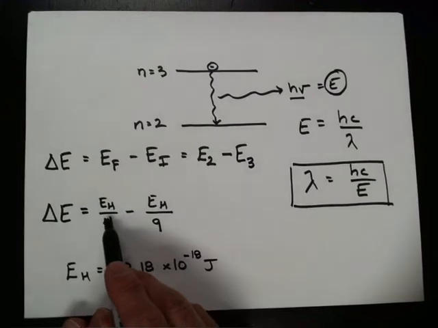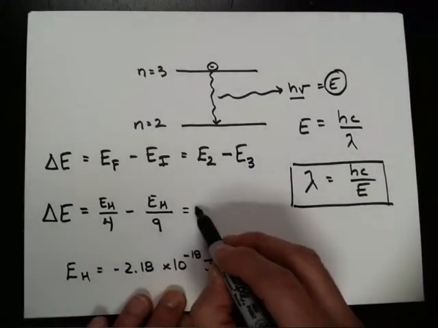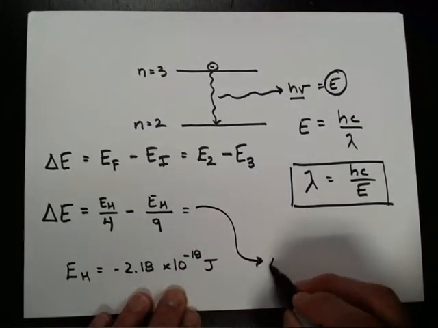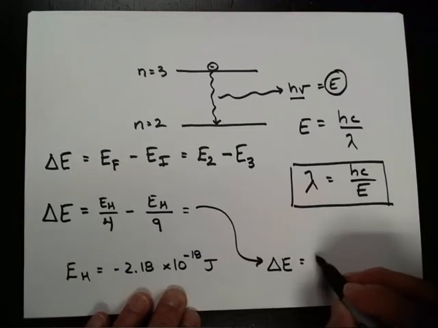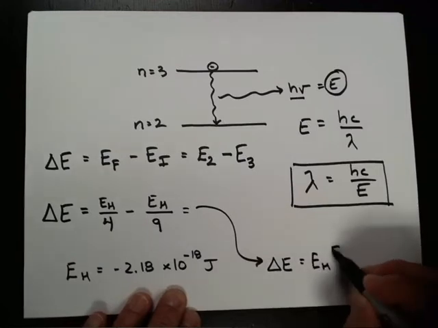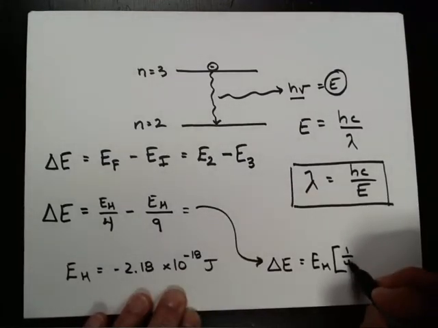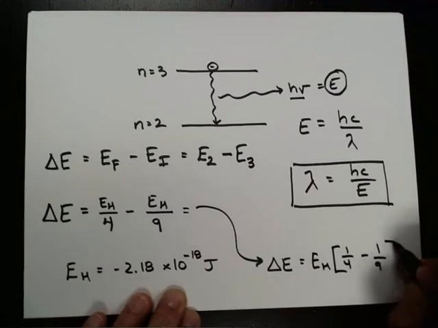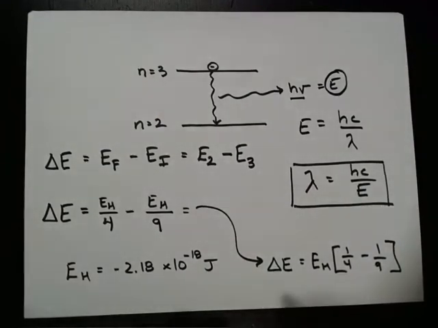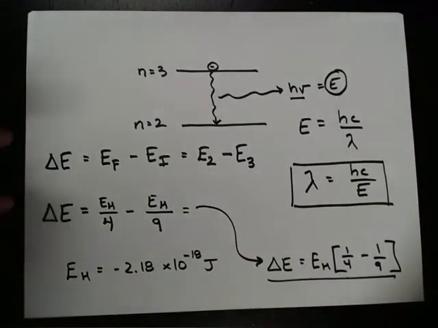Now we can factor out EH from this equation. So delta E, if we factor out the EH, is going to be a quarter minus 1/9. So this is the equation that we're going to solve.